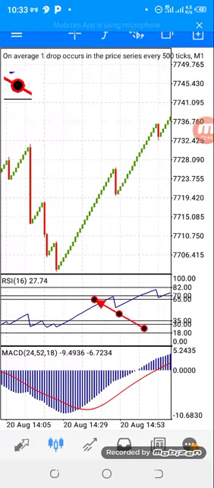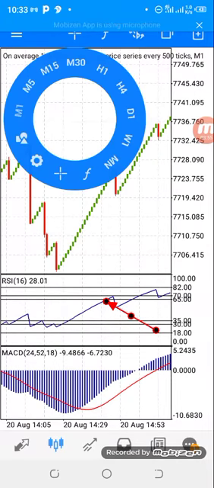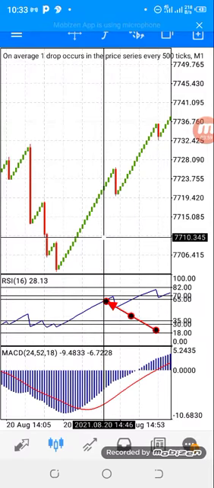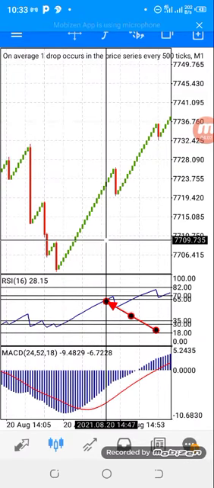This is the 65 level. As at the time it touches, you ensure that your MACD bars are below zero level, so definitely this is our right signal. Though the spike is not much, it actually hit the spike after 5 candles.